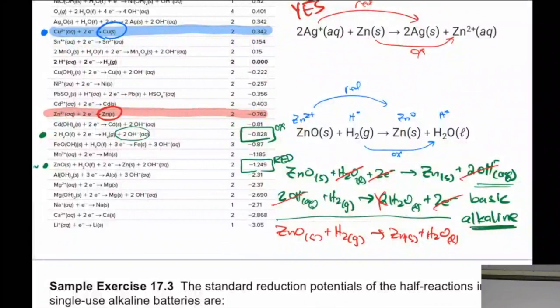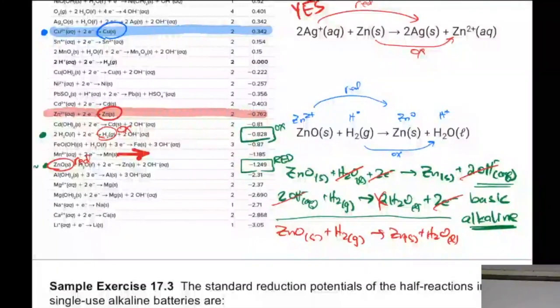You see that? You can also do this with the upper left, lower right idea, right here in the middle. In this case, what's being reduced is the zinc plus, and what's being oxidized is this. And that's reversed to what we were expecting.